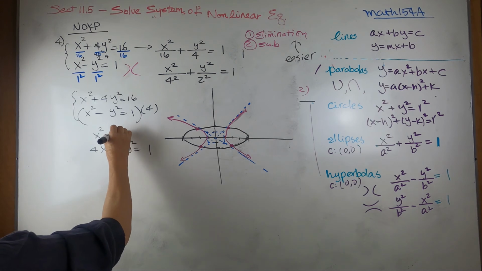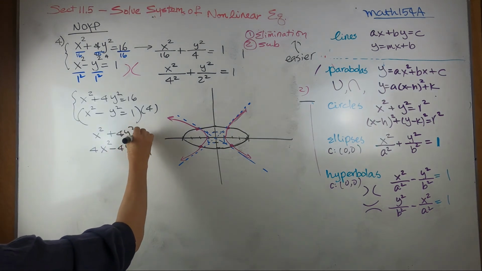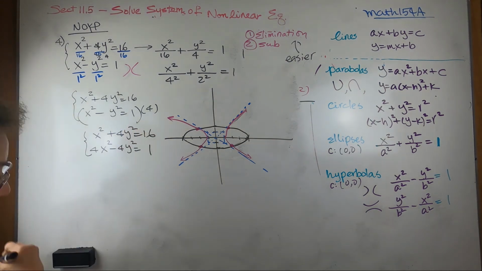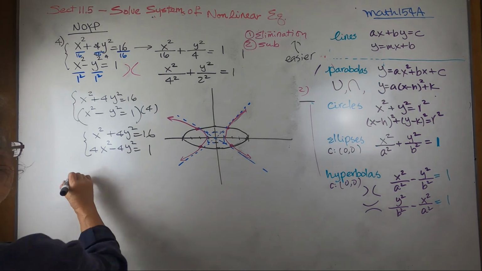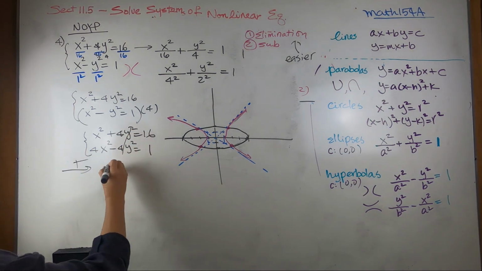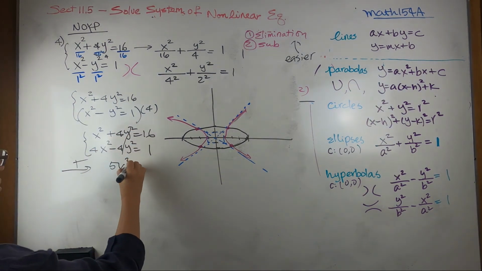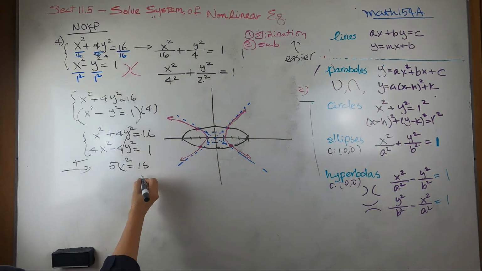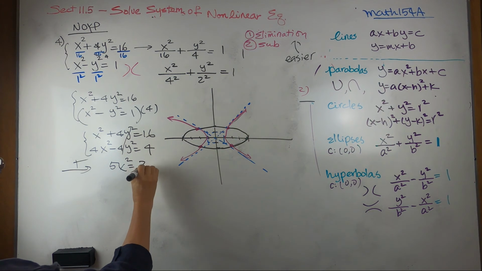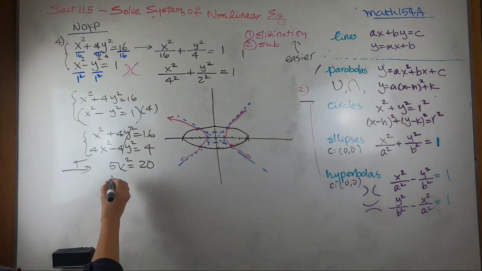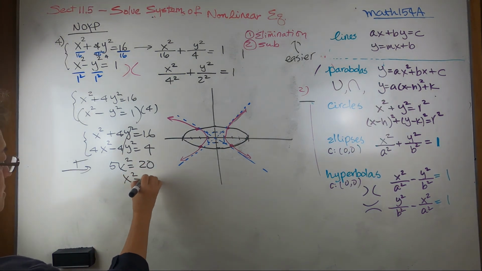The top one is this, right? Then what do we do? We add them together. So what do we have? 5x squared equals, let's see, that's 20. Then divided by 5, x squared is 4.